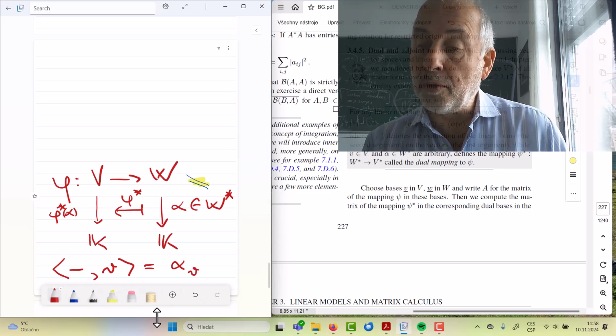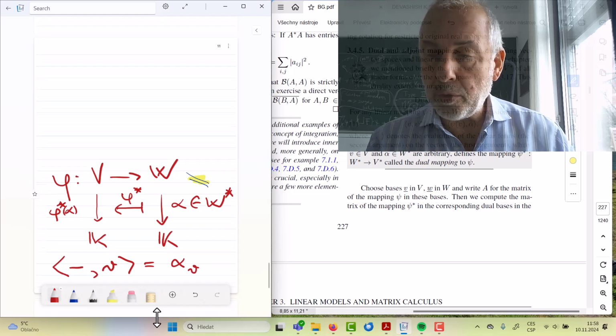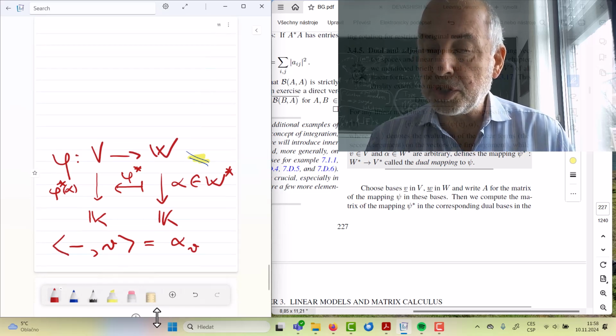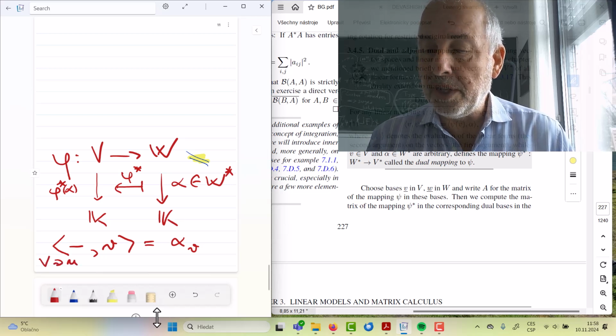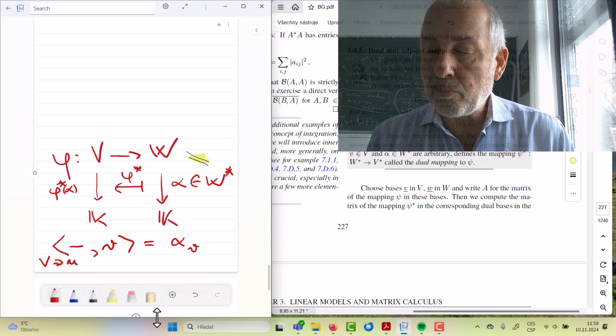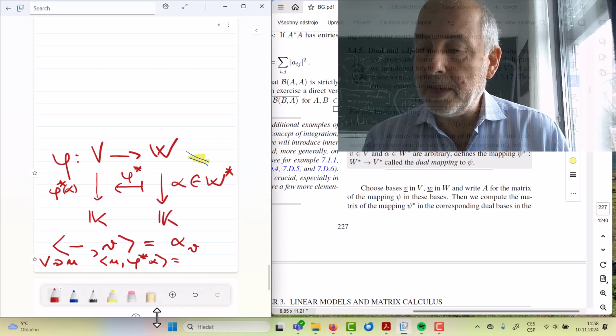If you want to start with something in V, say a vector u which sits in V, I now have to evaluate u on phi star of alpha, and that's simply evaluating alpha on phi u, right?